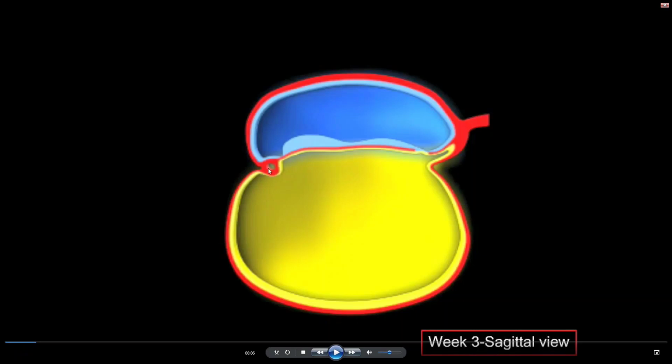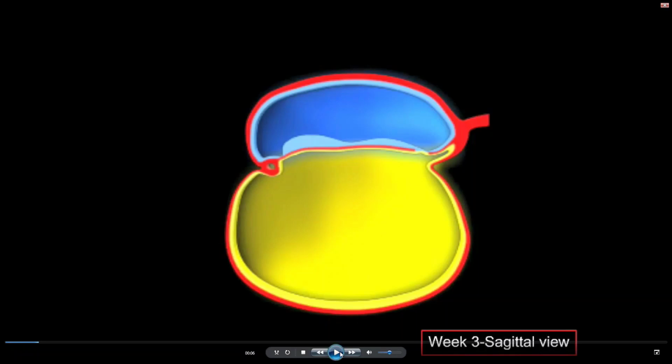Cranially, a cardiogenic zone is created in front, where we can already see the pericardial cavity. This space here is the pericardial cavity. So far, however, everything is quite straight. Nothing is folding right now. This is the 3rd week here.